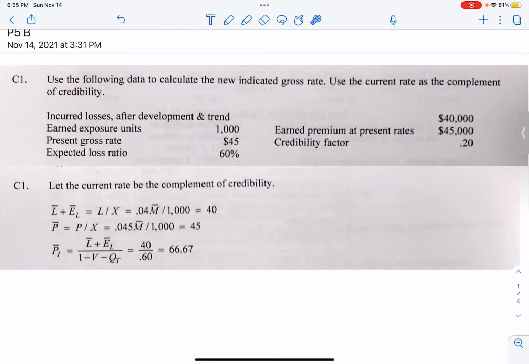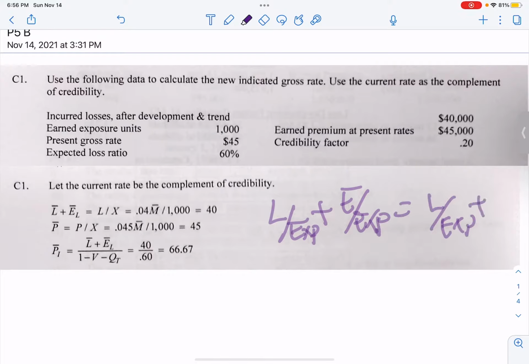So in that case, loss per exposure plus fixed expenses per exposure will be just equal to loss per exposure, because the fixed expense is not given, so that will be 0 here.